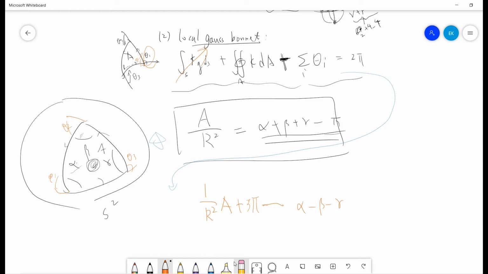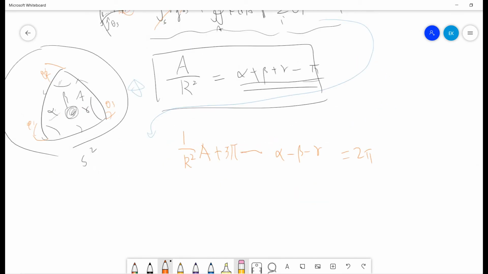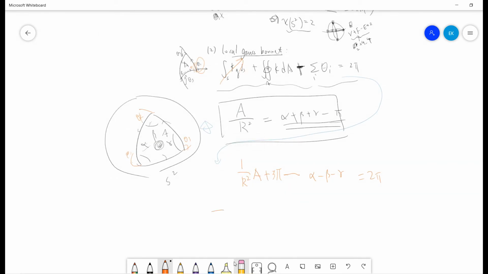So 3 pi minus alpha minus beta minus gamma equals 2 pi. So we get A over r squared equals alpha plus beta plus gamma minus pi.